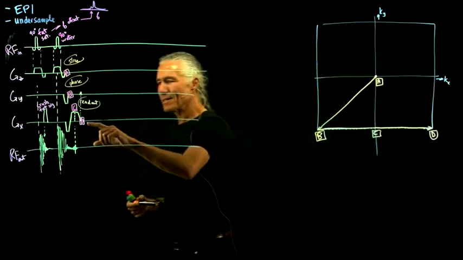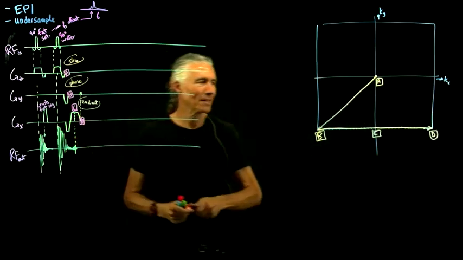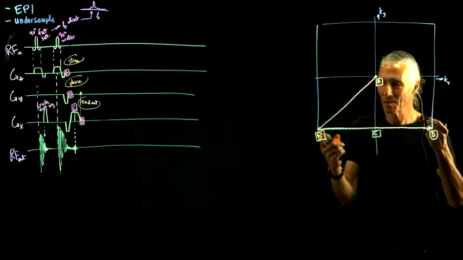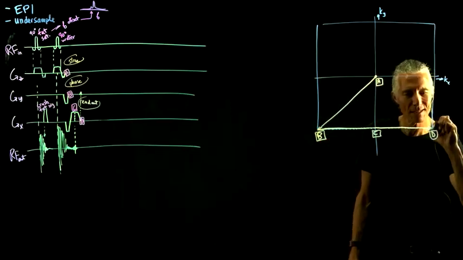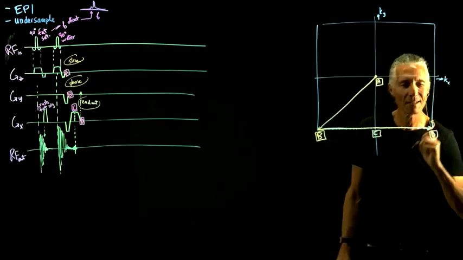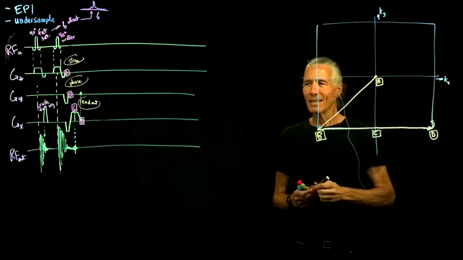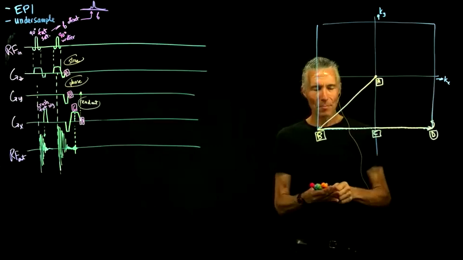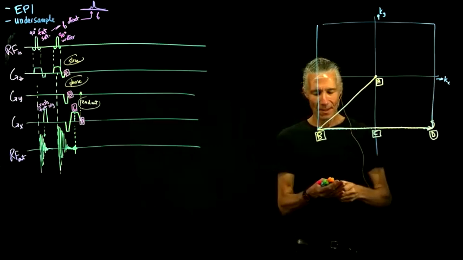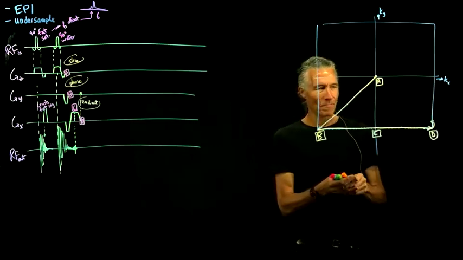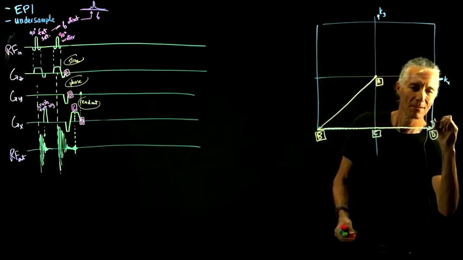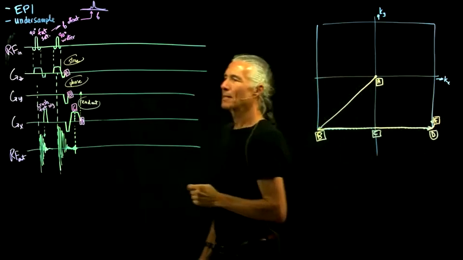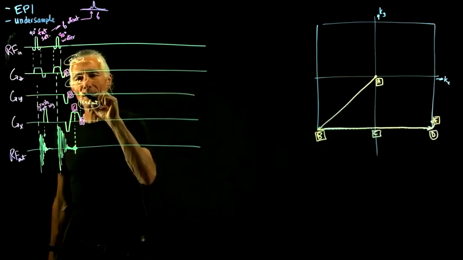It's in the midst of this other gradient still being on, and so it causes the position in k-space to loop around, and then you get to point E. So it just moves you up a little bit in k-space. It's not very big, and so now we're at point E.